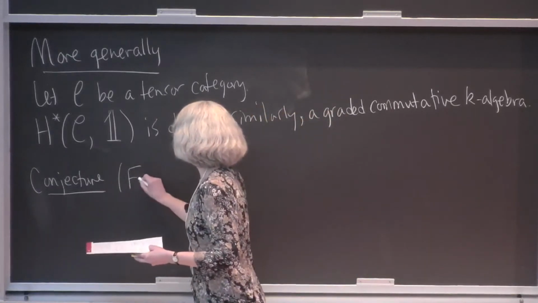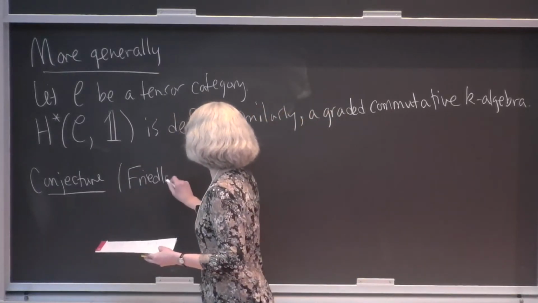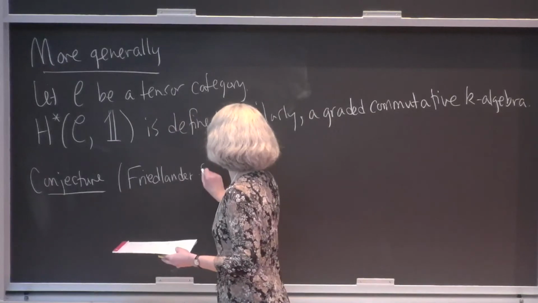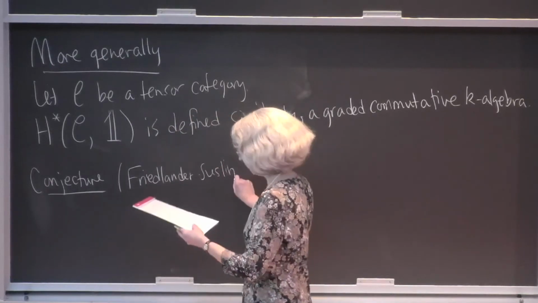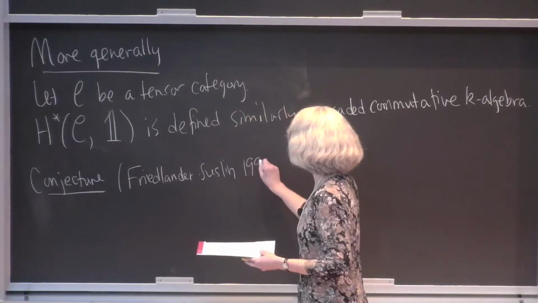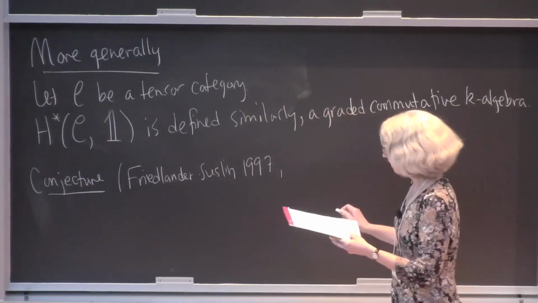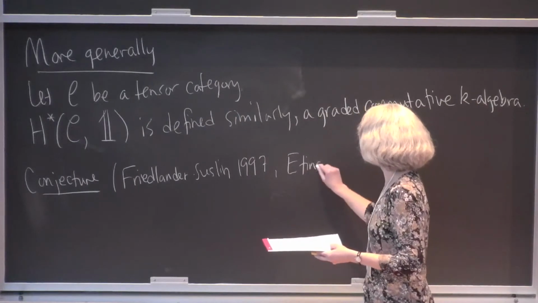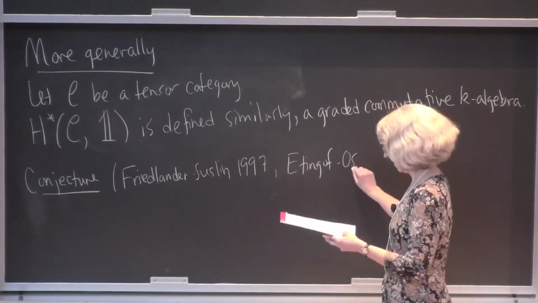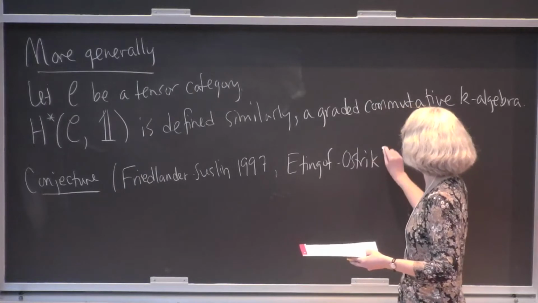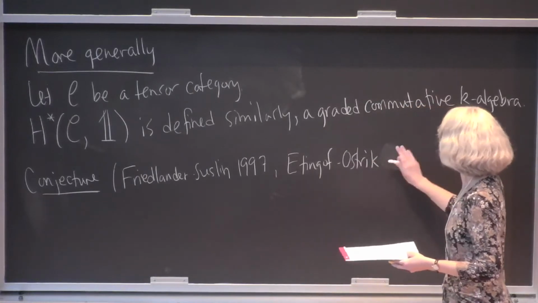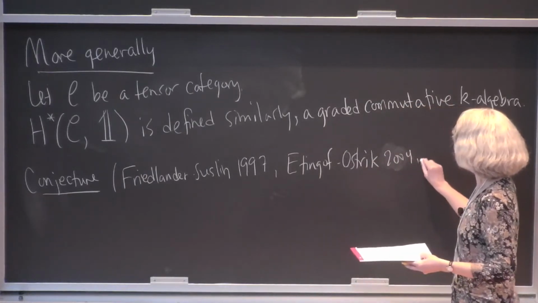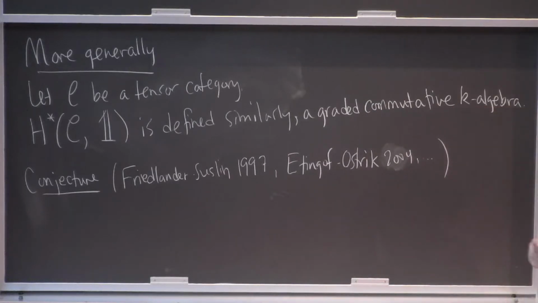There was a question raised by Friedlander and Suslin in a paper from 1997 that I'll talk about later. And the conjecture, as I'm going to write it down, was stated by Etingof and Ostrik in a paper in 2004. But many other people had wondered the same thing over the years.